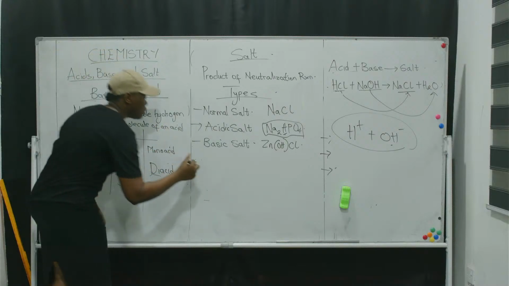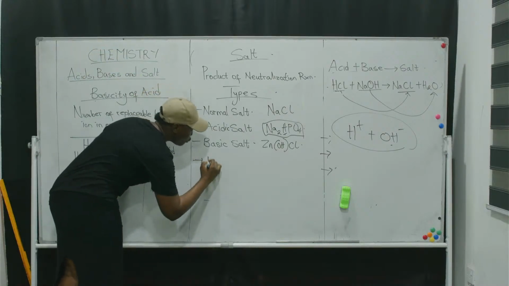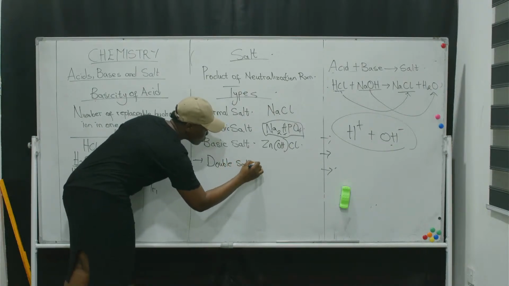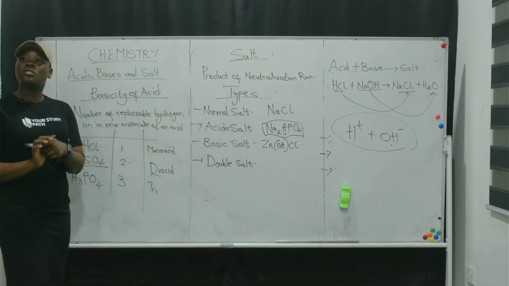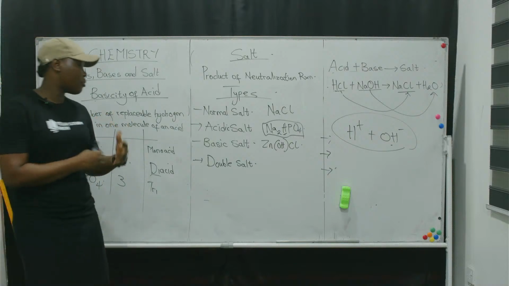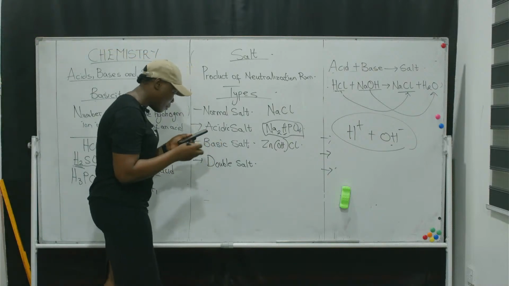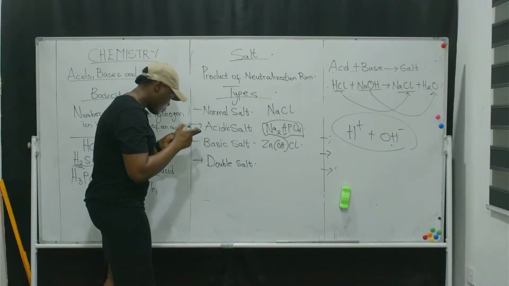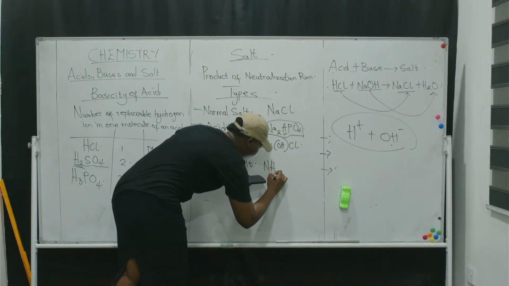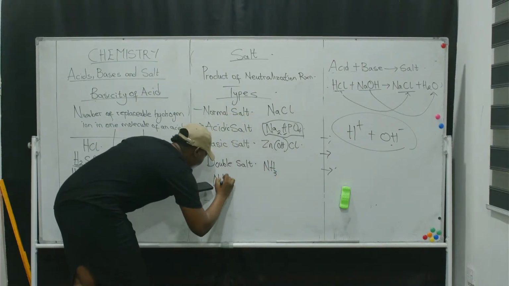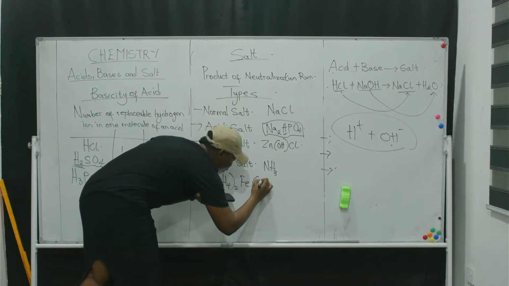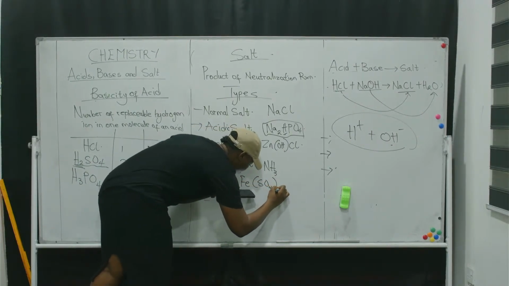Let's move on. Let's also talk about double salt. Double salt is the salt that usually would have a long name. Let me give an example: NH4, 2, Fe, SO4, 2.